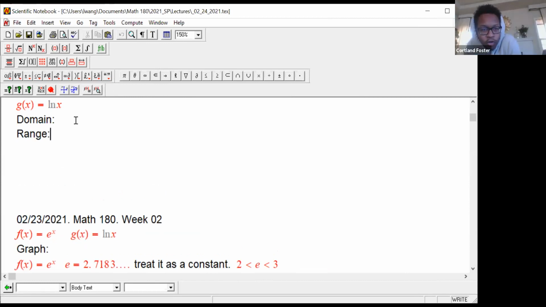The domain is all positive real numbers. Perfect. All positive real numbers. That's a perfect sentence. What's the range? All real numbers. Perfect.